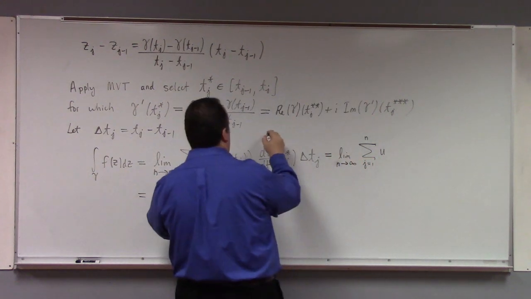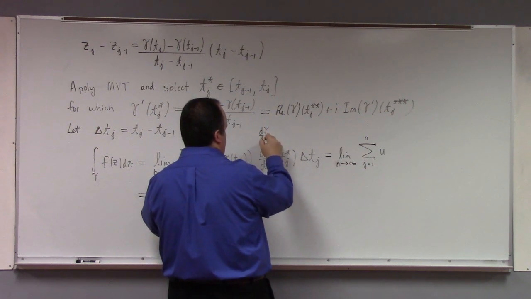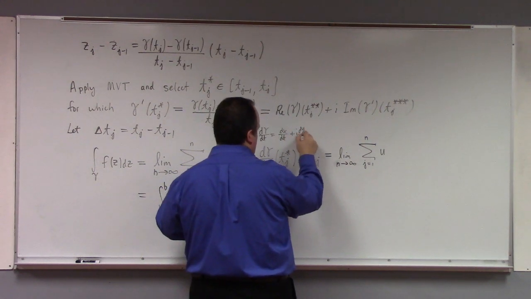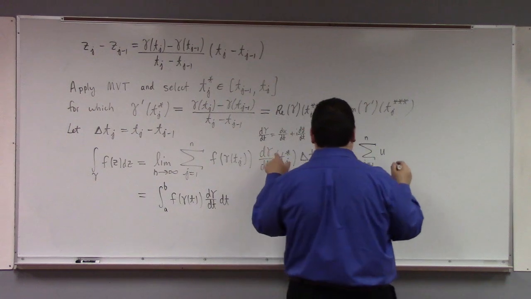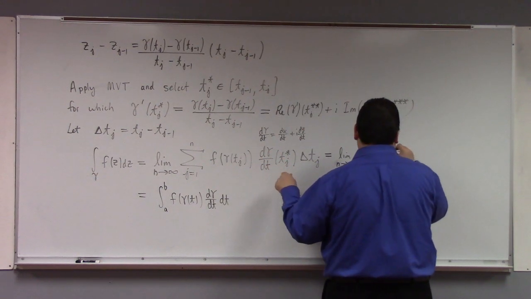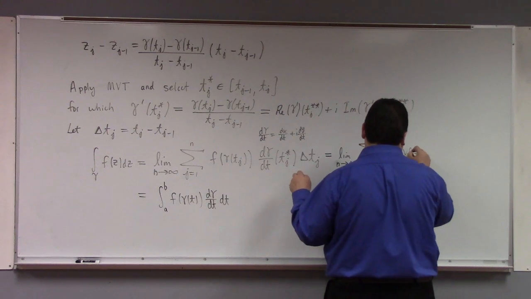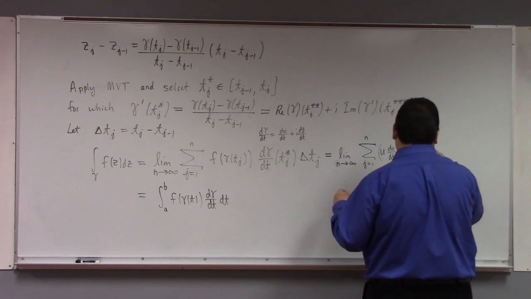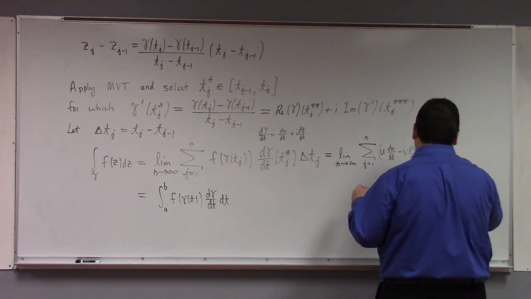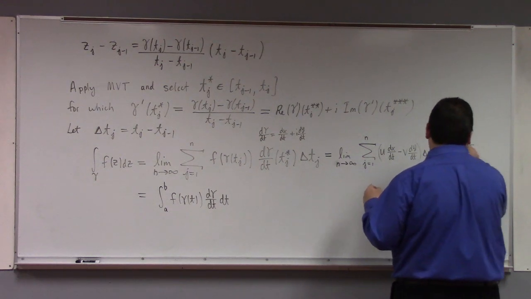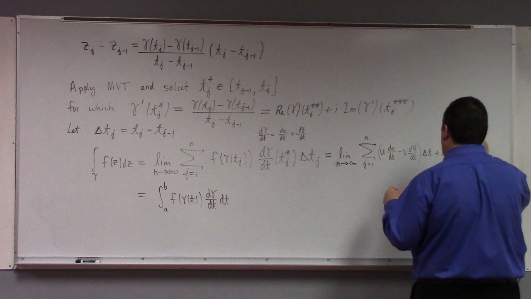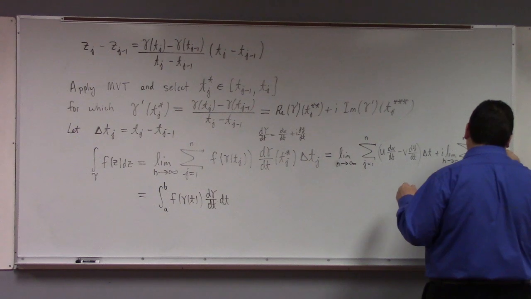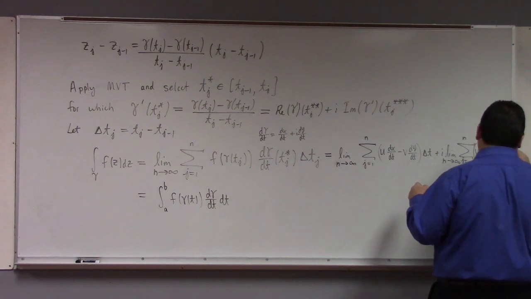So we'll say that d gamma dt is dx dt plus i dy dt. And so that would give us u times dx dt minus v times dy dt, times delta t, plus i times the limit as n goes to infinity of the sum, j equals 1 to n, of v dy dt plus u dx dt, delta t.